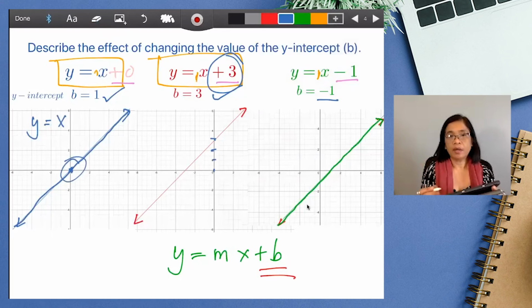This point here, or any point on the blue line, will be moved 1 unit down. So for any change in the value of b, it corresponds to a displacement. If it's positive, the graph will move up. And if it's negative, the parent function will move down.